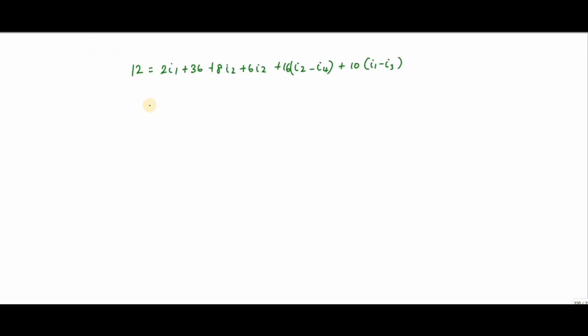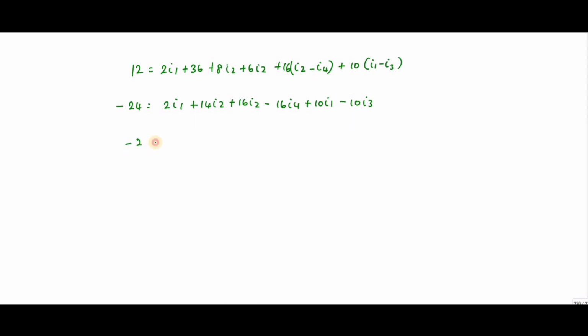So I can reduce this further: minus 24 is equal to 2I1 plus 14I2 plus 16I2 minus 16I4 plus 10I1 minus 10I3.